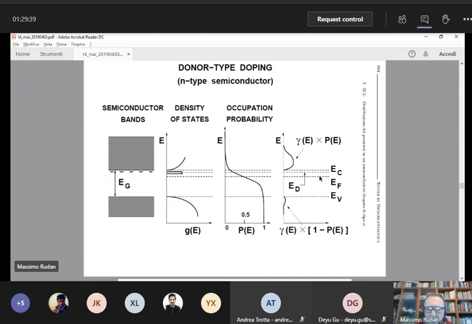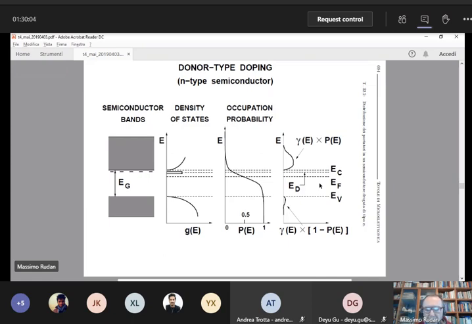If you keep instead the doping concentration to a constant value and you increase the temperature, EF will go down, will try to go near the intrinsic value that is the mid gap, okay?